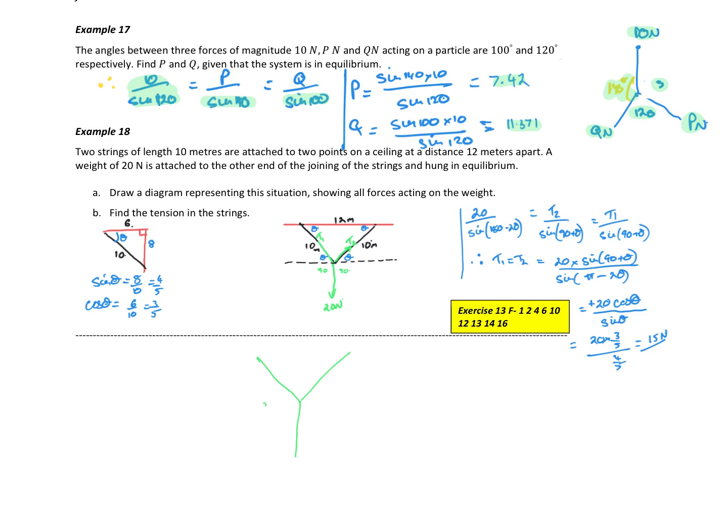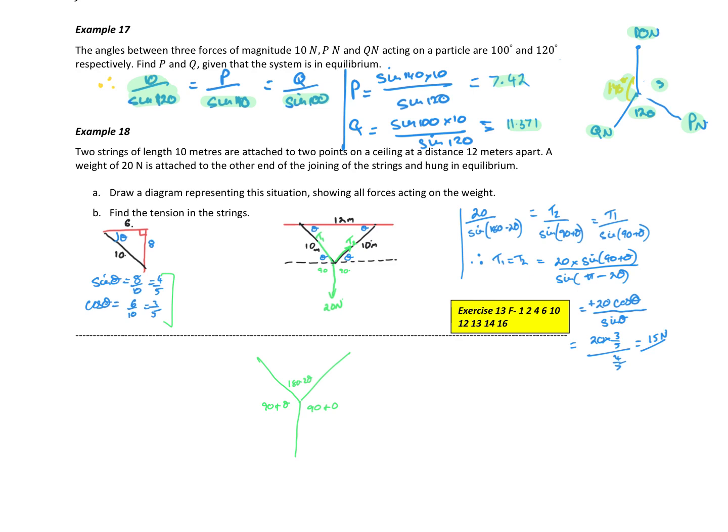So that's 90 plus theta, this one's 90 plus theta, and the one up there is going to be 180 minus 2 theta. Because we've got the information from the string, we could actually work out the angles and put them in.